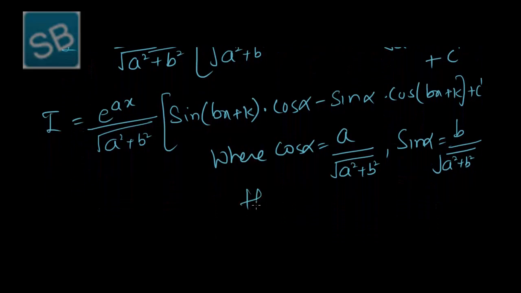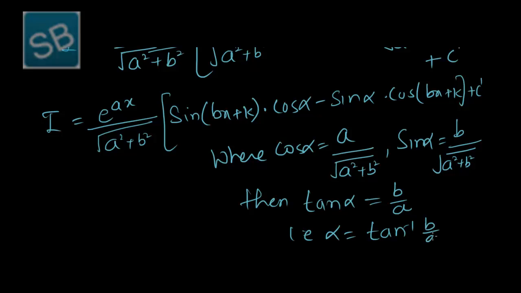Then tan alpha is equal to sin alpha over cos alpha, that is b over a. That is alpha is equal to tan inverse b over a.